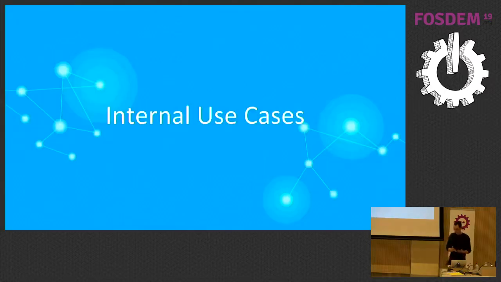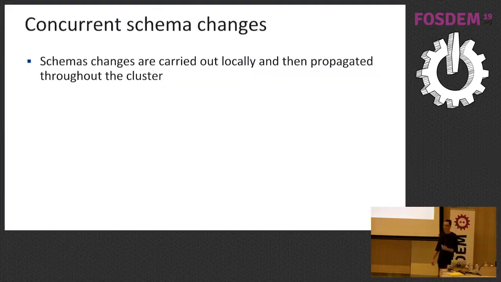So I've spoken about how external users can benefit from strong consistency, but the database itself can also benefit from it. One example is concurrent schema changes. Today, schema change is carried out locally in whatever replica the client contacted, and then propagated throughout the cluster.